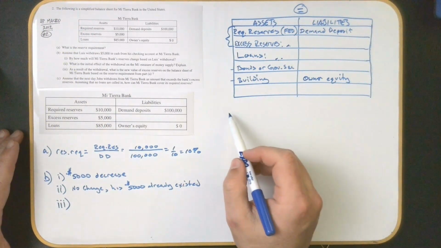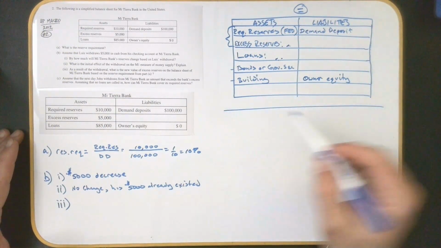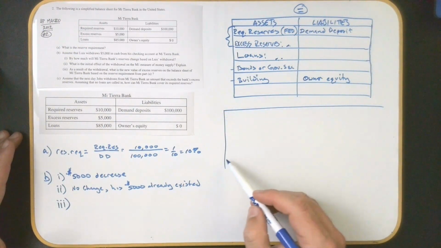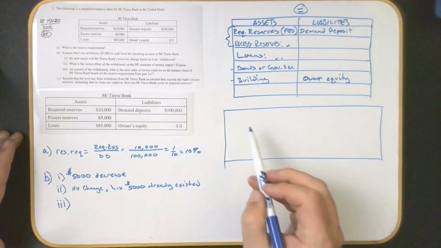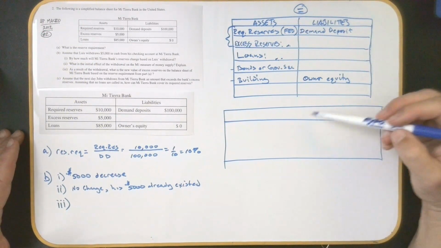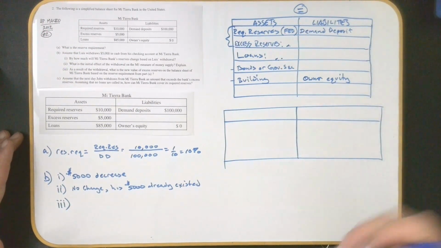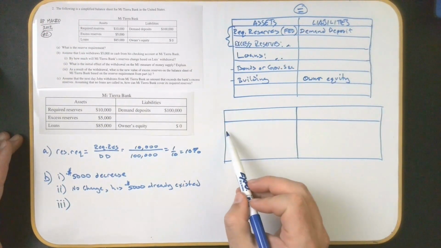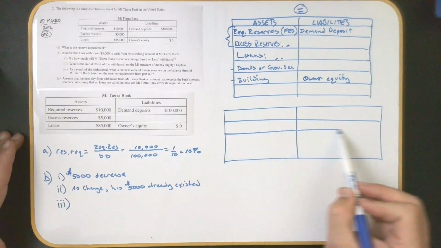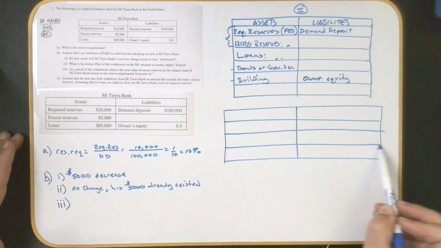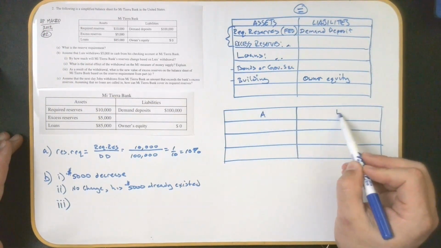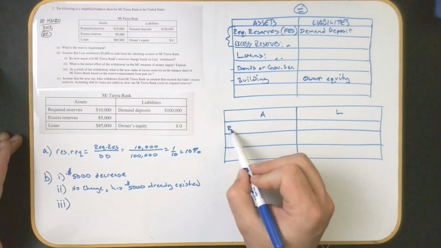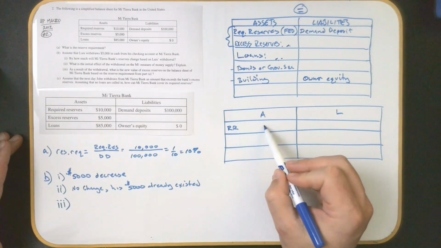So what I'm going to do is redraw this, and insert here all of these numbers that wind up changing. Okay, so here's the assets and the liabilities. I'm just going to put RR, and this was 10 grand.